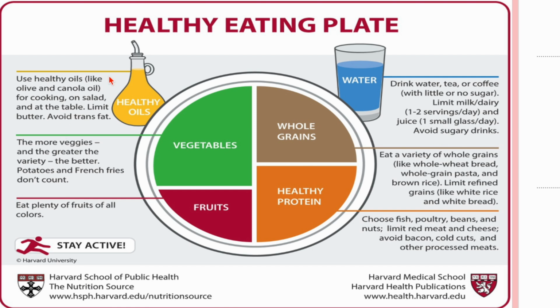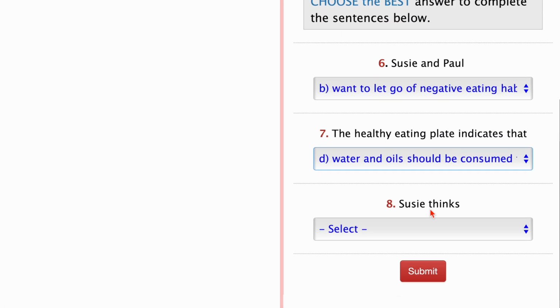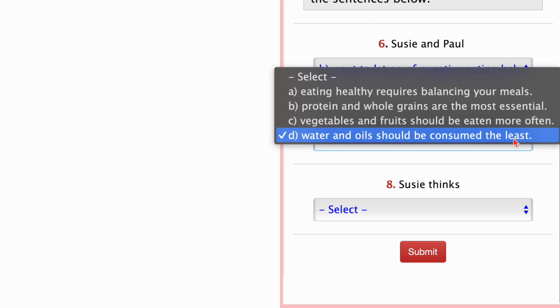So water and oil, it's giving us information, but not that they should be eaten or consumed the least, okay? And if we have to choose about the least, maybe fruits, but I don't think it's telling us that either. Okay? So not D, the least.